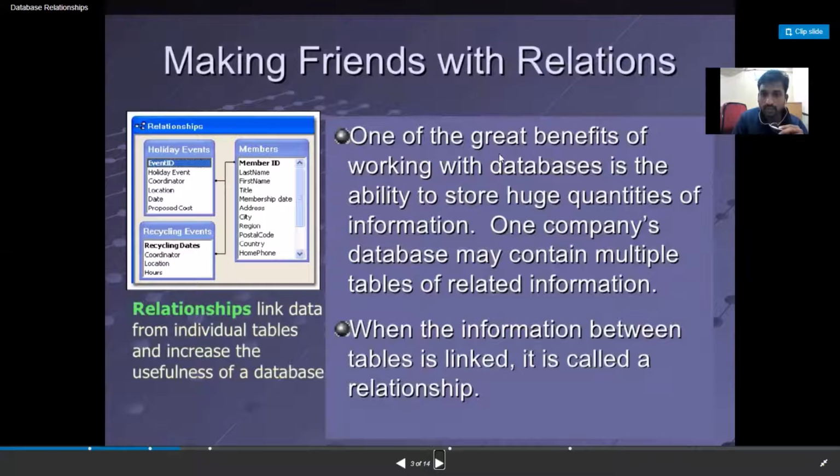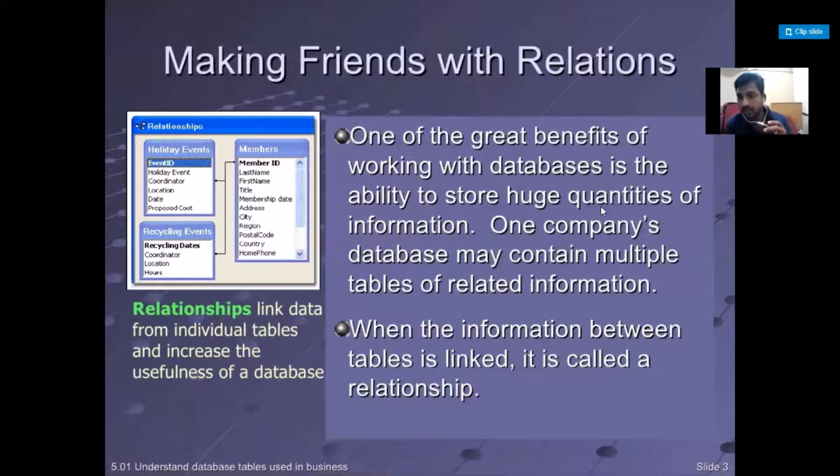Okay. So one of the greatest benefits of working with a database is the ability to store huge quantities of information. Why are we using a database? A database is used to store a huge amount of data, and it contains the information in the form of multiple tables. If there is no relationship, there is no usage. So that is the reason we are linking one table to another table.